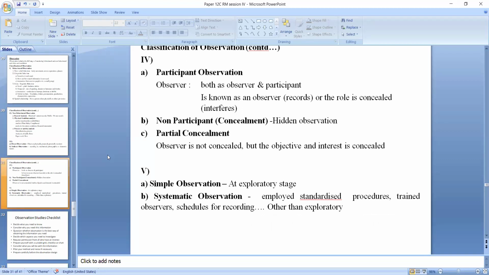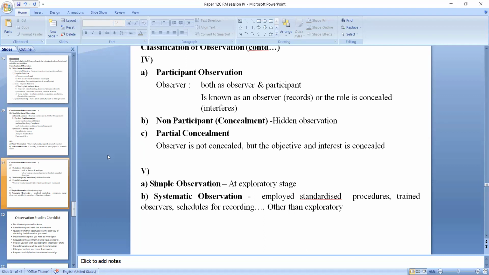Fourth category: participant observation and non-participant observation. Participant means you are part of them. Non-participant, you are not seen by them. Like F.W. Taylor, he used to sit at a place where he could see all the workers working, their movements, everything, but no one would be able to see him. And then partial concealment. And simple observation and systematic observation.